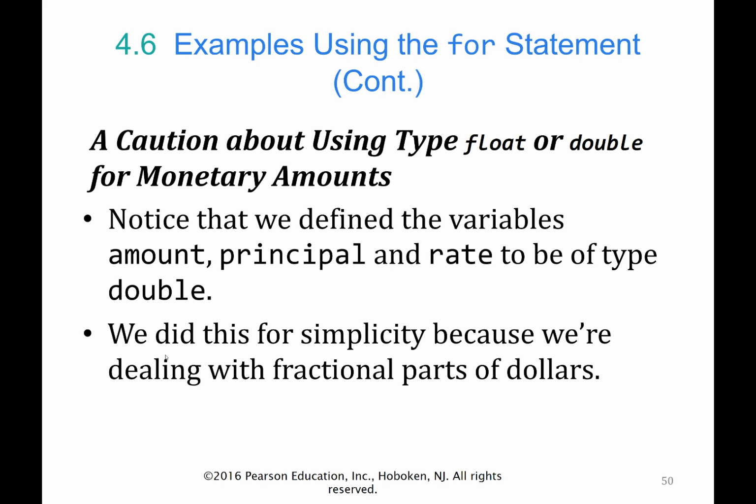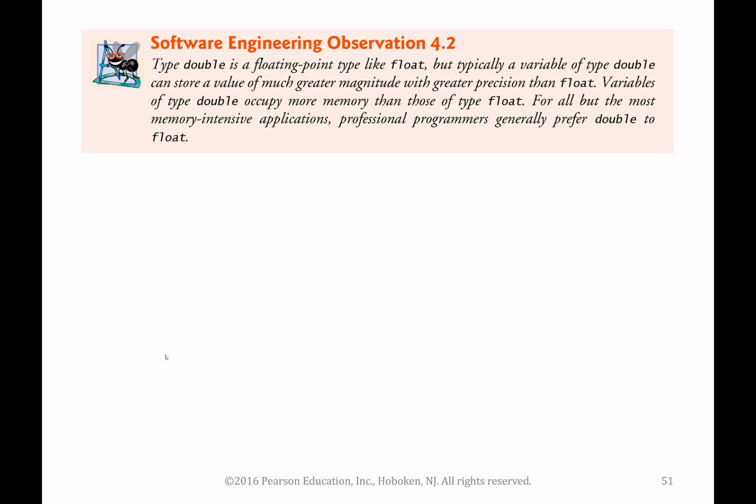Caution for float and double is that there we define the variables amount, principal, and rate of type double. That's there because of the fractional parts of the dollars. You can't declare them as integers because dollars have fractional parts. We're raising it to 1.01 or 1.05, so it may be fractional.